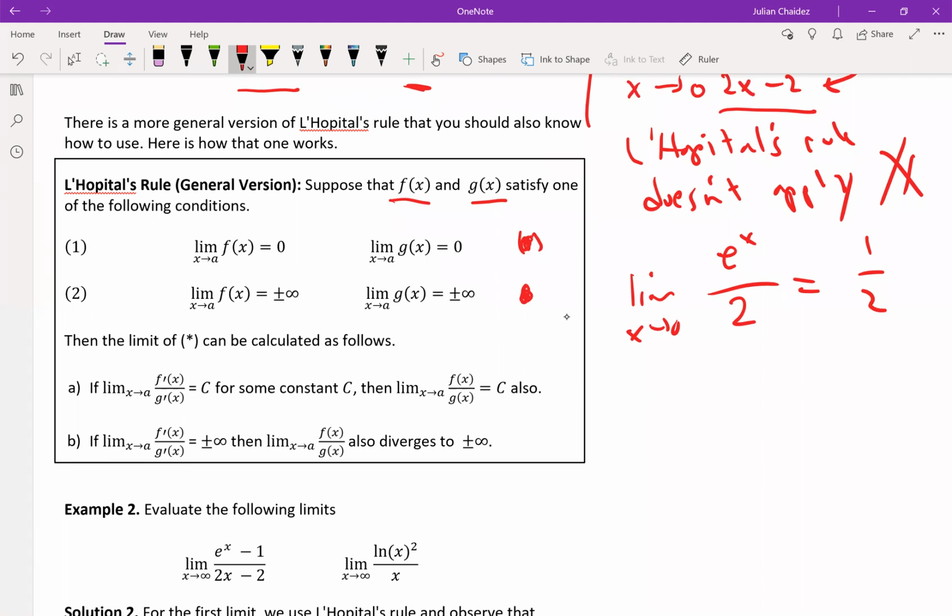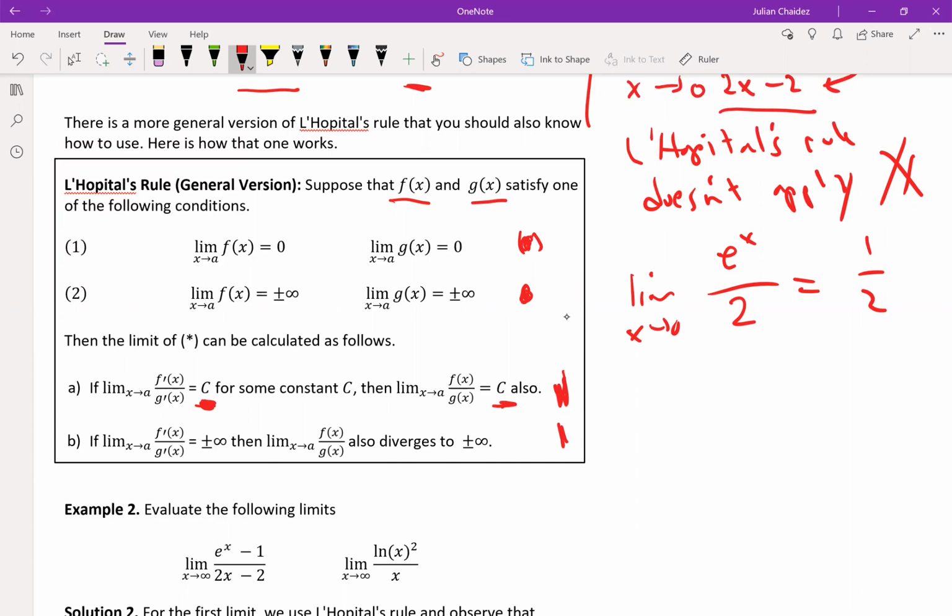Then in that situation, this more general version of L'Hopital's rule says you have two possibilities for the limit. First of all, if the limit of the ratio of the derivatives exists, so basically the limit is some constant c, that constant can be 0, it can be any number as long as it's not plus or minus infinity, then the limit as x goes to a is also c.